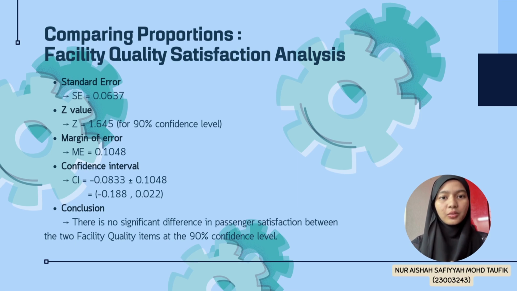Then the standard error was calculated as 0.067, and using a Z value of 1.645 for the 90% confidence, the margin of error was 0.1048. Therefore, the confidence interval for the difference in the proportion was from negative 0.188 to 0.022. Since this interval includes 0, we conclude that there is no significant difference in passenger satisfaction between the two facility quality items at the 90% confidence level.